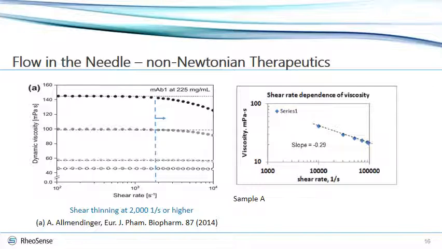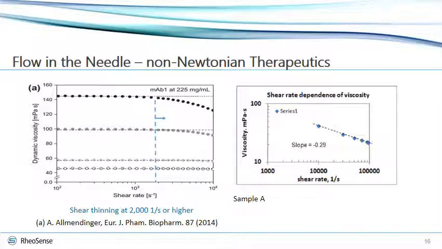While, as it is shown here, your viscosity can start to decrease, your fluid will start to shear thin at higher shear rates. That will result in a large overestimation of the viscosity at the shear rate that is characteristic for the injection process, which will result in a large overestimation of the injection force.